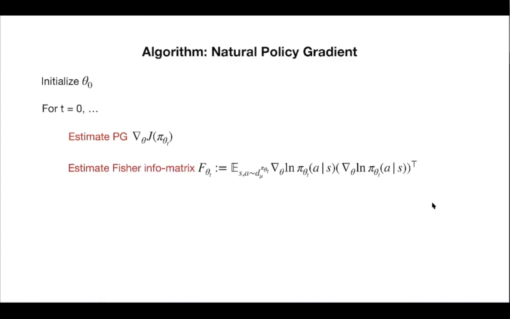We can get an unbiased estimate of the gradient. And then let's estimate the Fisher information matrix. Again, we estimate because we need to replace this by a finite number of samples. We know how to draw samples from a distribution, right?